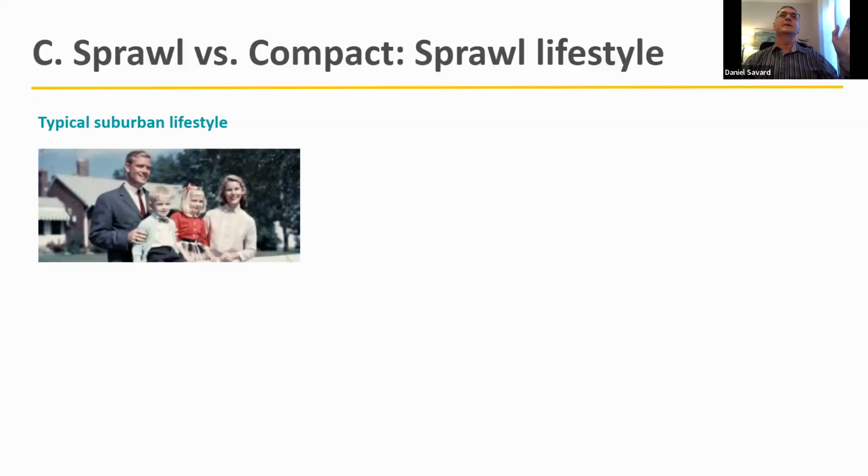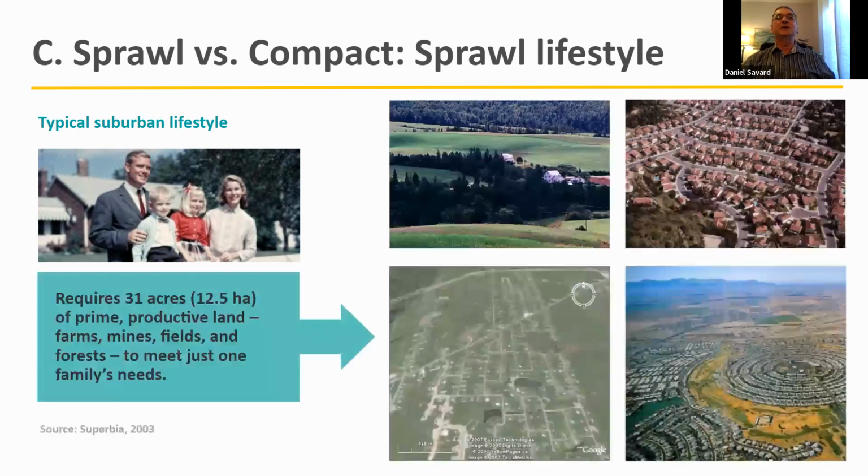Okay. Now, when we look at the sprawl lifestyle that we see everywhere, the typical suburban lifestyle, research has shown that it requires 31 acres of prime productive land, farms, mines, fields, and forests to meet just one family's needs.